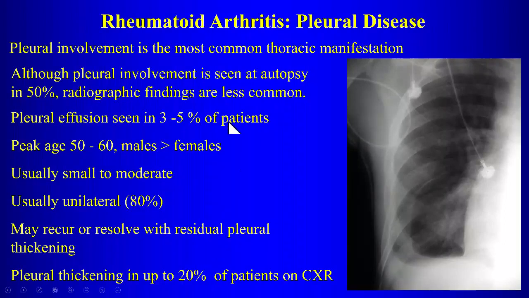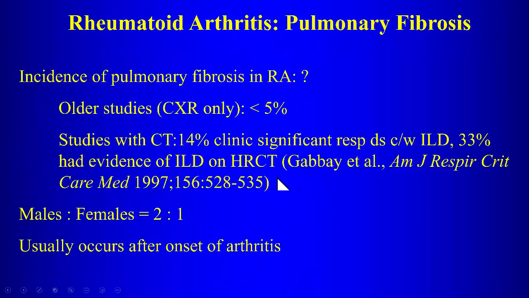The most common thoracic manifestation is pleural involvement, especially pleural effusion. So we can see pleural effusions. A sequela of that can be pleural thickening. We might see that on chest x-rays in patients with rheumatoid arthritis. Pulmonary fibrosis is also associated with rheumatoid arthritis, and if we examine these patients with CT as opposed to chest radiograph, you'll find a higher percentage of these patients will have interstitial changes on chest CT.